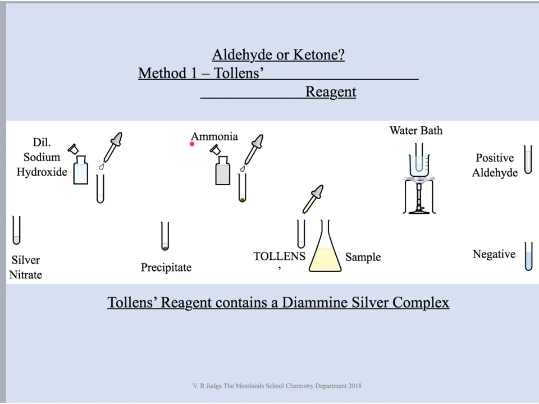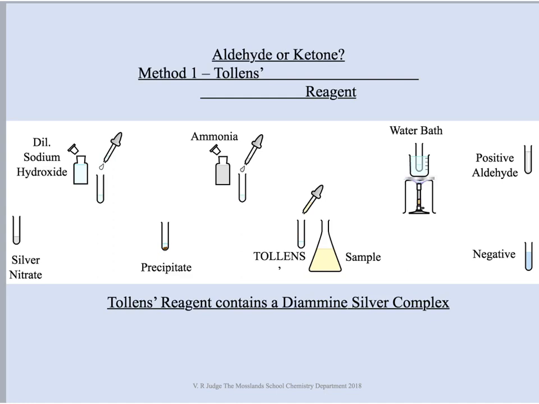Next, you take some dilute ammonia, and you add a few drops of ammonia until you can get that brown precipitate to dissolve. Once it's dissolved, you now have a Tollens' solution, a Tollens' reagent.